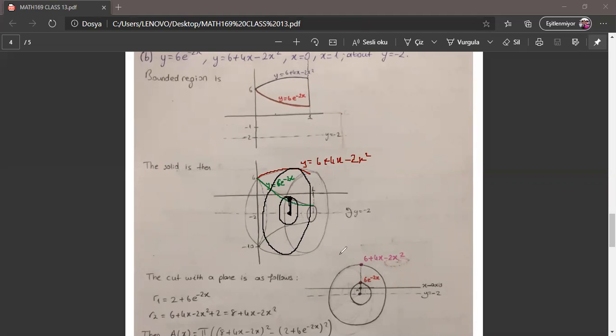The green curve is 6e to the minus 2x, so we have 6e to the minus 2x plus 2. So here we have the inside circle's radius.